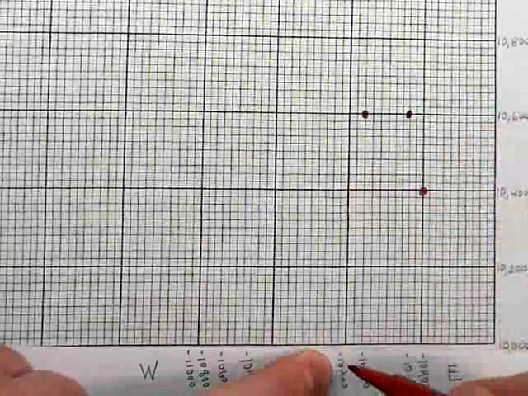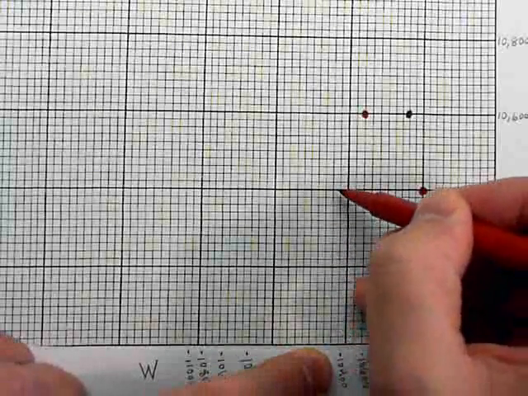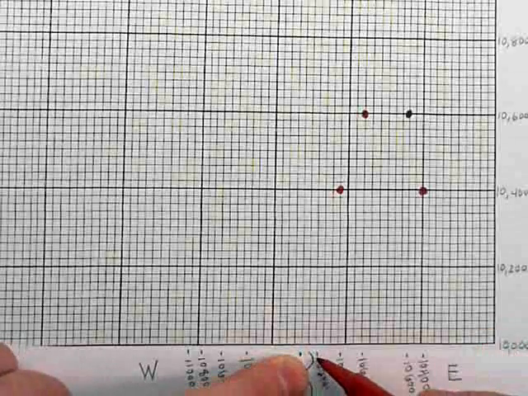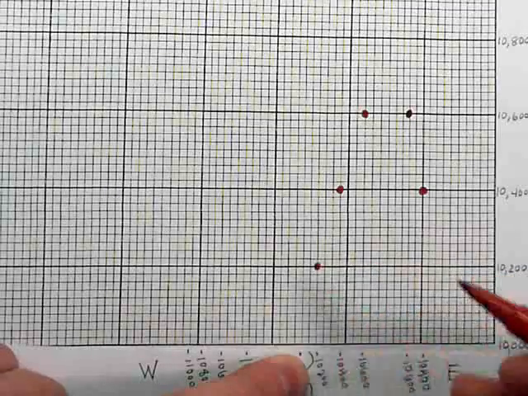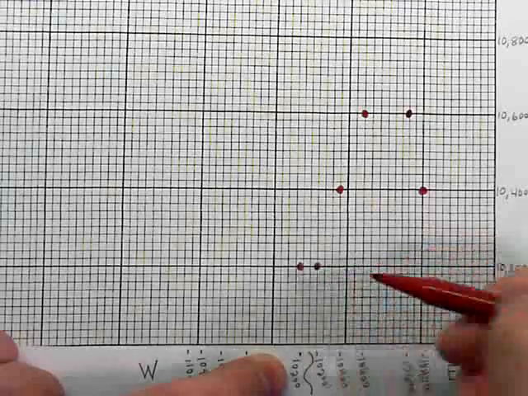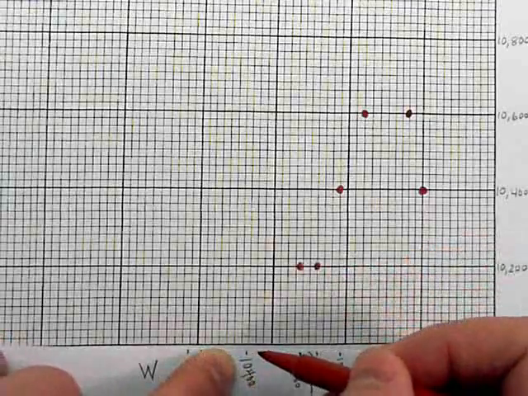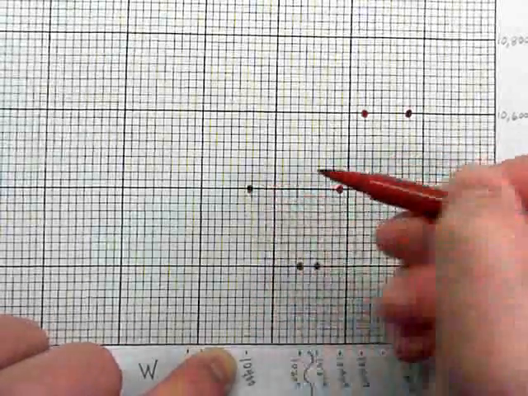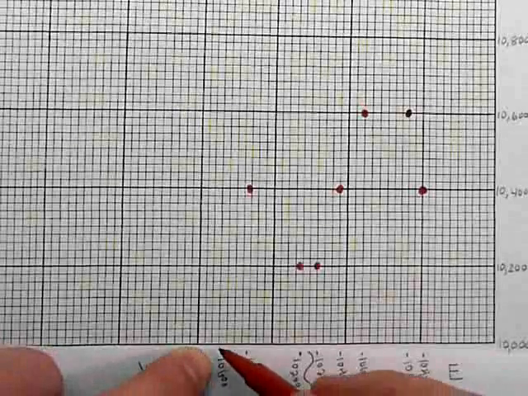All right, the next one's 10,400. You go directly above that, find that point right there. All right, 10,200, which is right here. All right, another 10,200 right here. All right, and then over here it's 10,400. Go directly above that. Okay, and then 10,600.